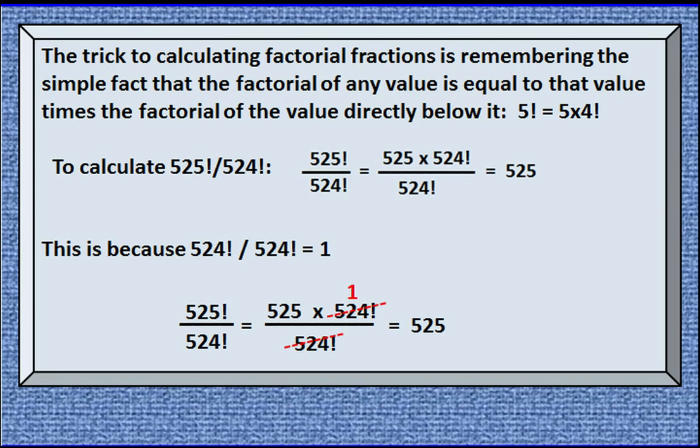And the answer to this is 525. This is because 524 factorial divided by 524 factorial is equal to 1 and can be ignored. Pause the video and study the calculations on the screen until you understand this.